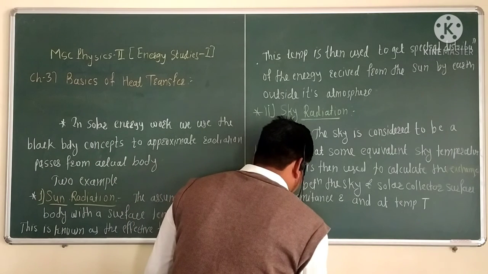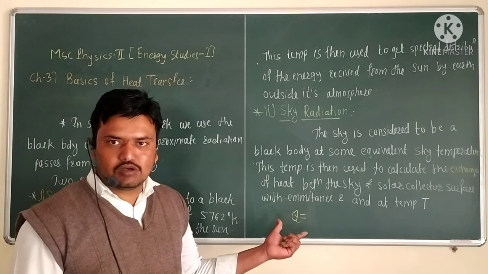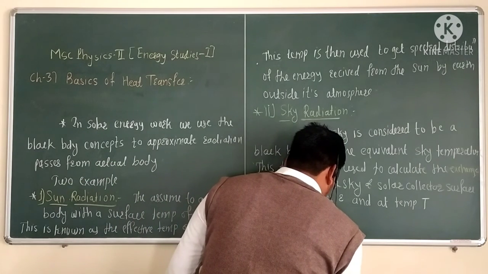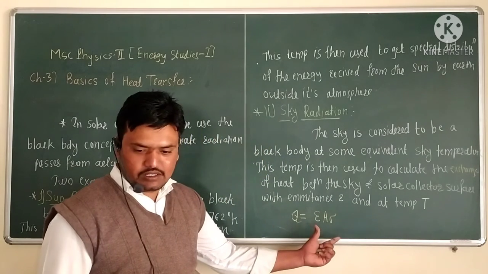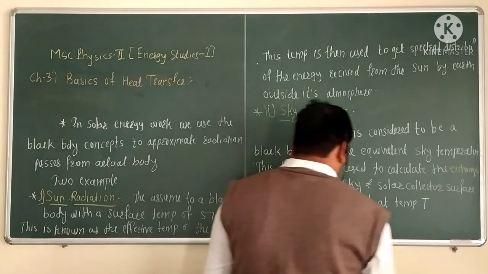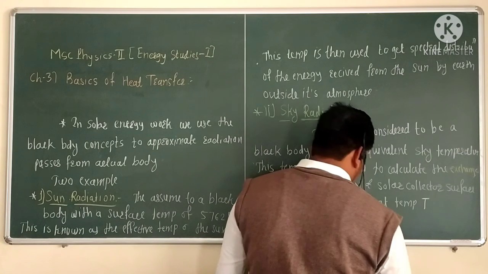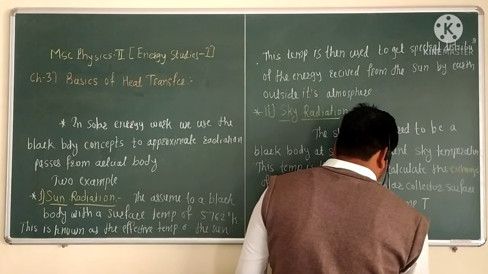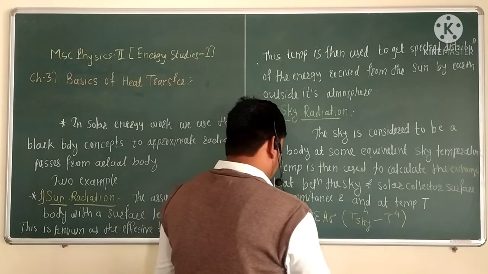And the heat relation is given as capital Q equals epsilon times A times sigma times (T sky to the power 4 minus T to the power 4), where T sky is the temperature of the sky as a black body, and T is the collector temperature.